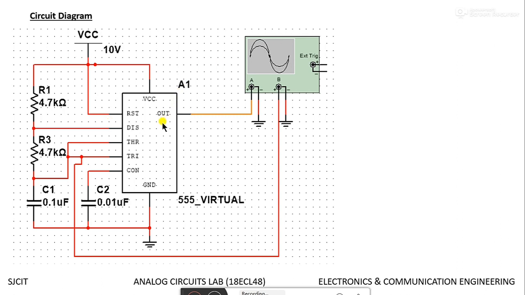Discharge pin 7 is connected to resistor RB or resistor R3 such that the capacitor can discharge through R3.